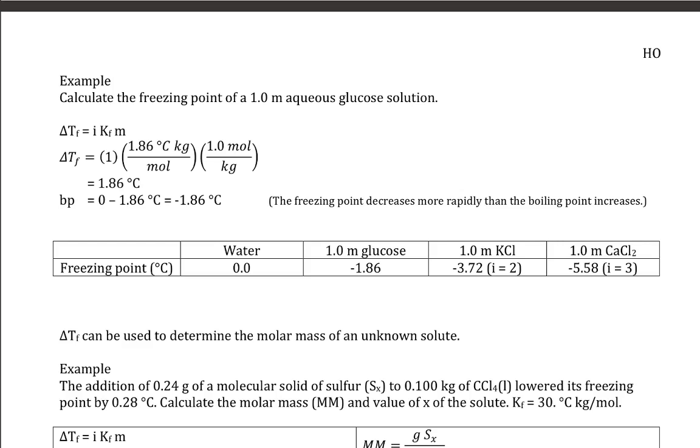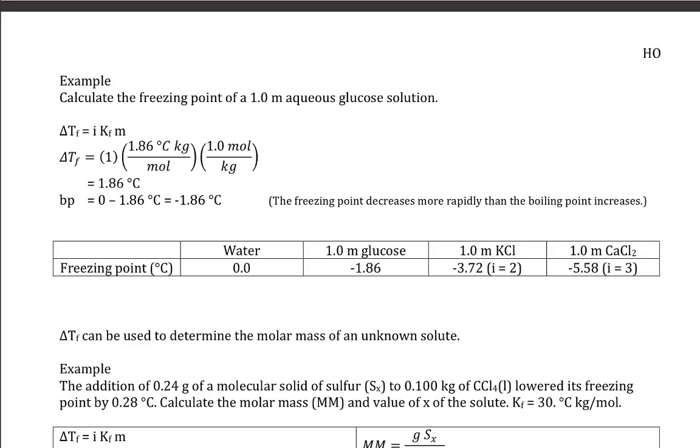So here we have freezing points of water, glucose, KCl, and CaCl2. So the freezing point of pure water, 0 degrees Celsius. Of 1 molal glucose, we calculated to be negative 1.86.